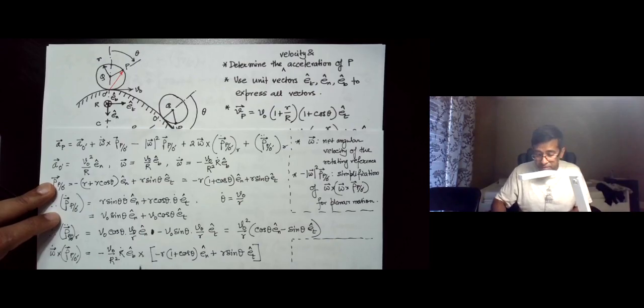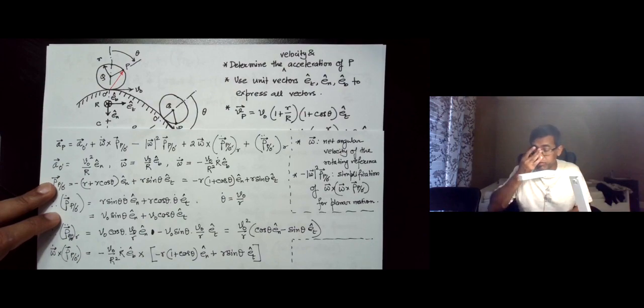Not the differentiation of the unit vectors, but the cross product of the unit vectors is what we need to just articulate here. So note that EB cross EB cross En is minus ET.